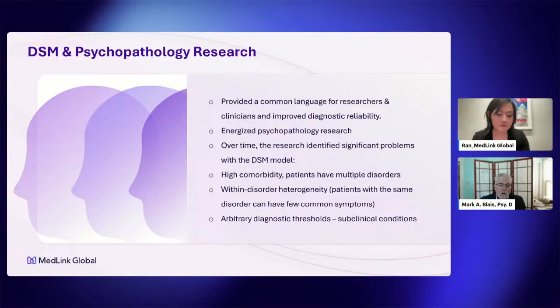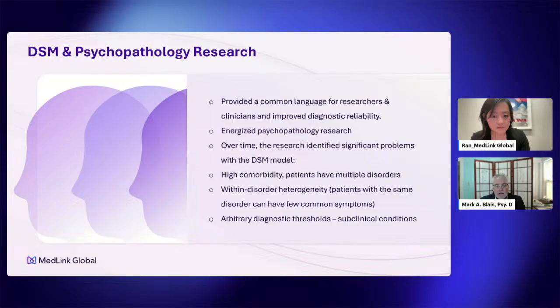And over time, the research identified fairly significant problems with the DSM system. One of the more prominent is the high comorbidity, that patients have multiple disorders, not single disorders. And there's heterogeneity, that a patient with the same disorder, like borderline personality disorder, might only have one or two symptoms in common with another patient that has borderline personality disorder.